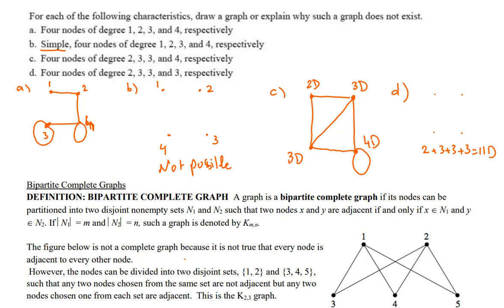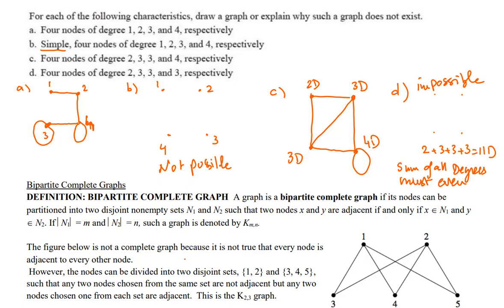But the sum of all degrees must be even, not odd. And that's why it's impossible. So this one is impossible to draw based on the given information.